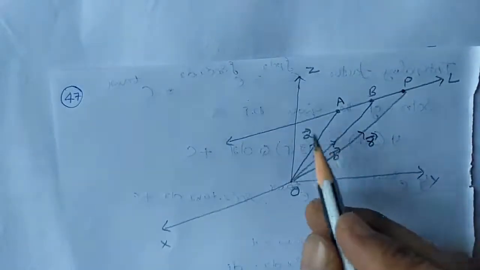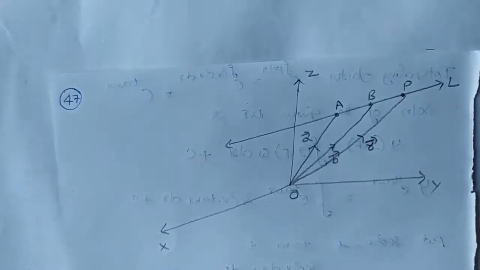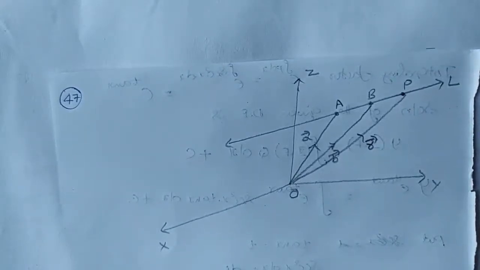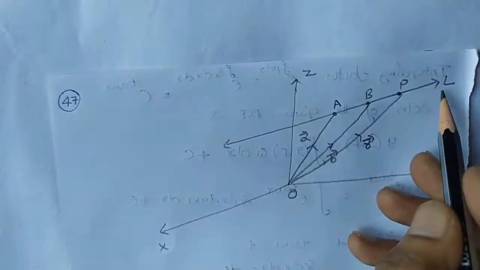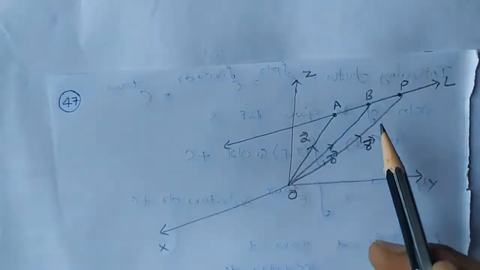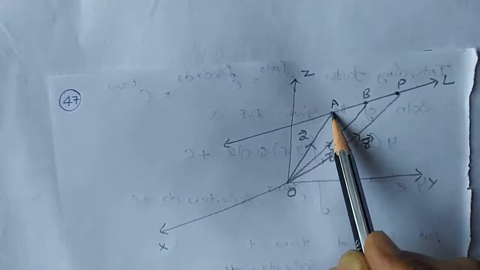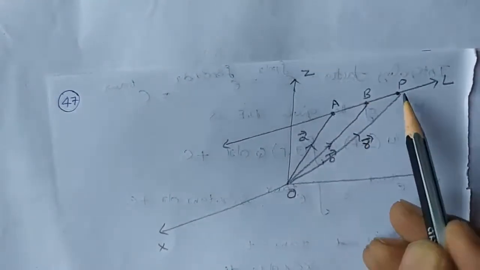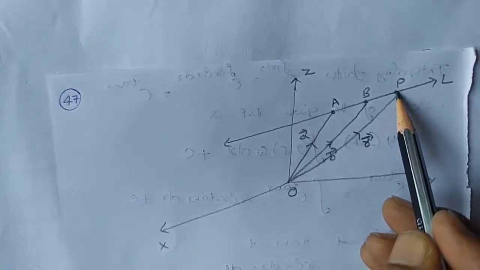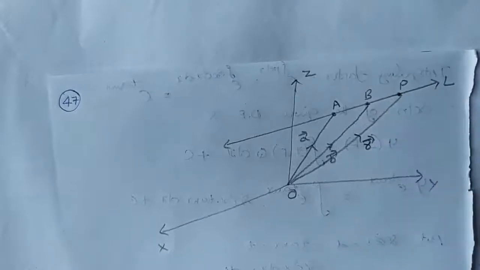Since you have to write an explanation regarding this diagram, otherwise you are going to lose 1 mark. So the explanation will be like this. Just observe. Let L be a line passing through two points A (x1, y1, z1), B (x2, y2, z2), and let P be any point on the line. These coordinates will be x, y, z.